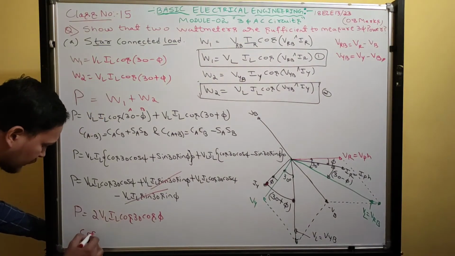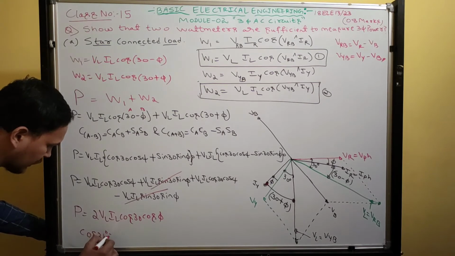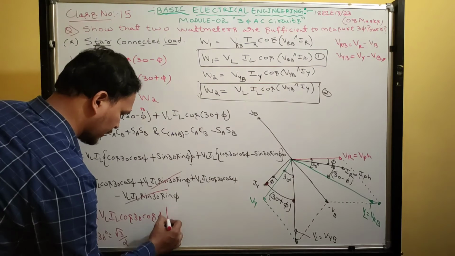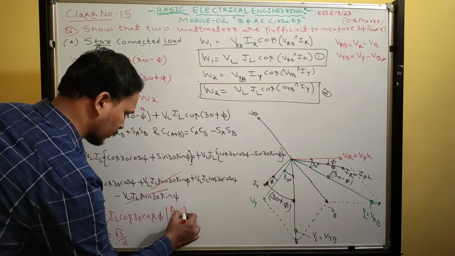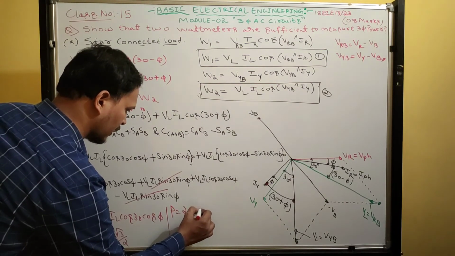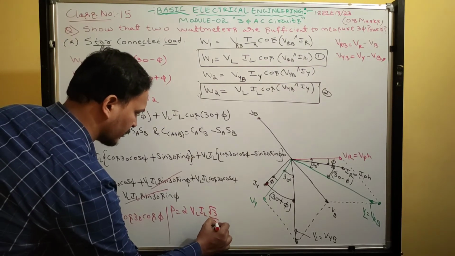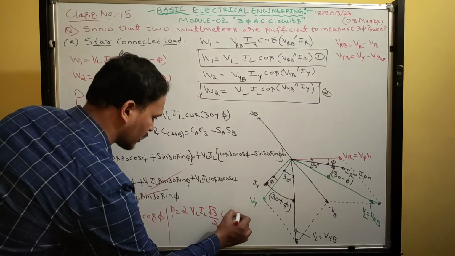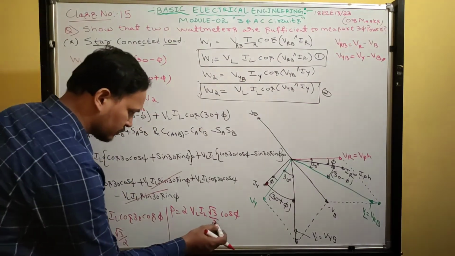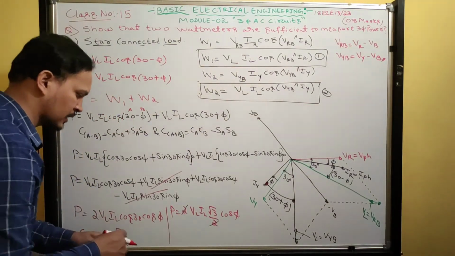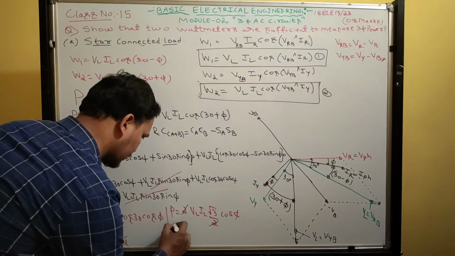What is the cos 30 degree value? Cos 30 is root 3 by 2. So apply that relation here: 2 into VL into IL, into root 3 by 2, into cos pi. Now this 2 gets cancelled. What is the final power equation?